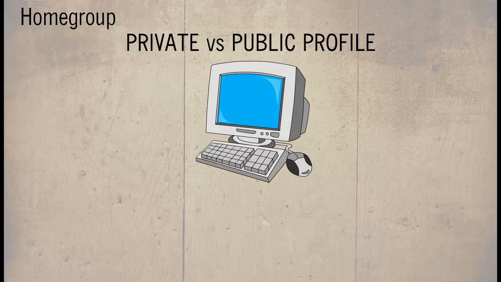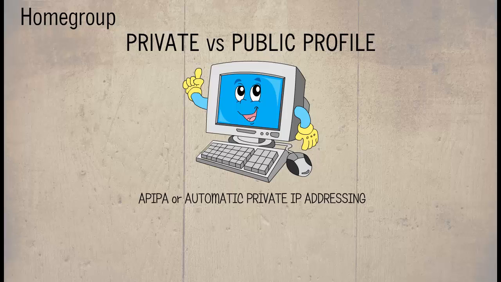We said earlier that the network host has to have a unique IP address, but the question is, who issues these IP addresses? Strangely enough, in the absence of a server which would normally give out IP addresses, the host creates one. In other words, it makes one up. This process is called APIPA, or Automatic Private IP Addressing.